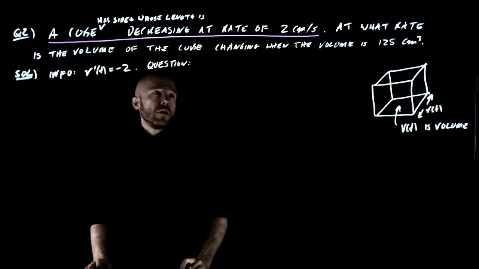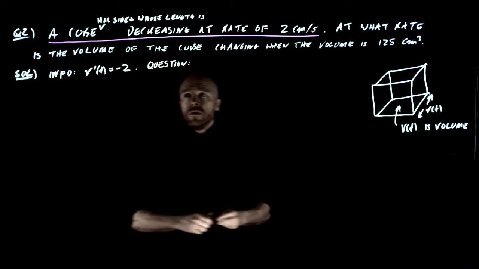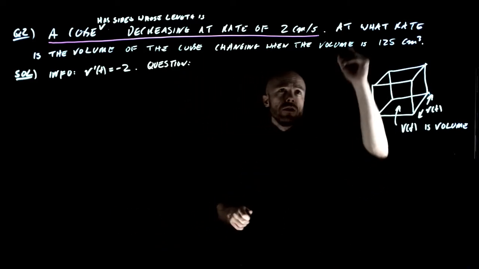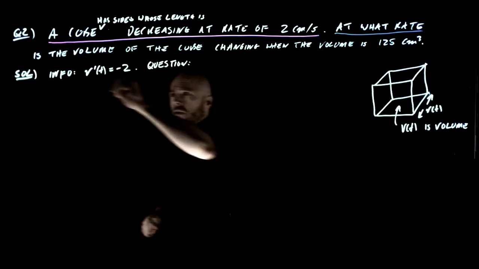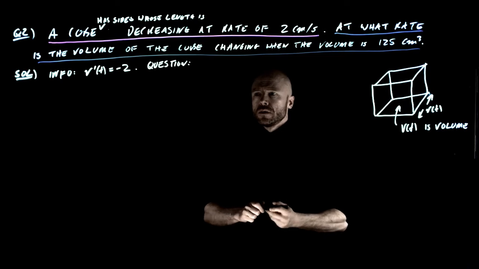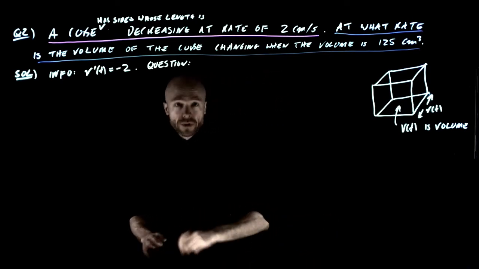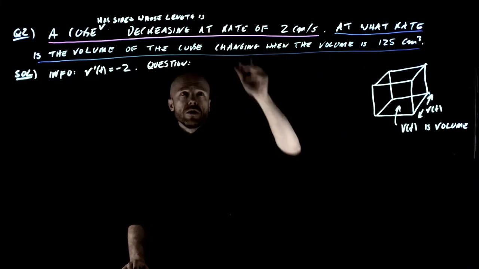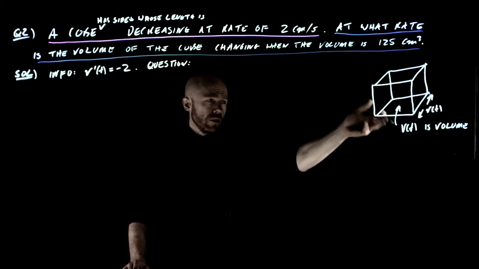The question is, at what rate is the volume of the cube changing when the volume is 125? Okay, let's underline this. This is the question. Okay, now, in the language of maths, what is this? At what rate is the volume of the cube changing? Well, volume we've denoted as V of t.